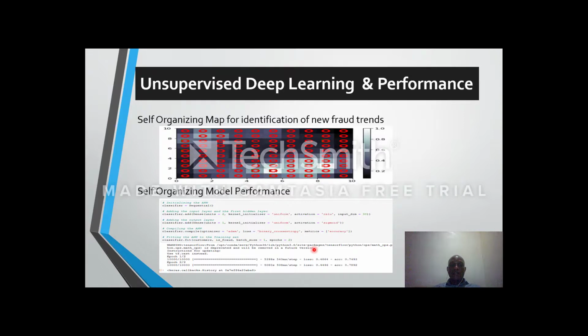From that 10,000 observations, we will notice that the number of fraud reported in that trend happens to be just around 20-something or 31 fraud cases. So this is a way with which you can pick the new trend, and once the new trend is picked, it will be fed into the supervised learning algorithm.